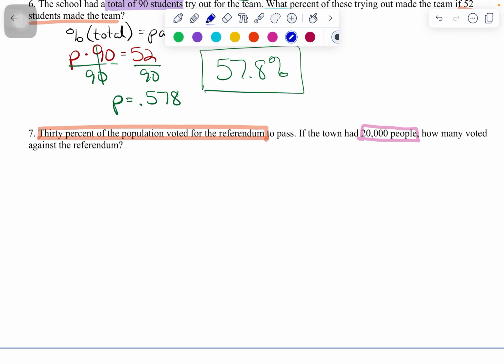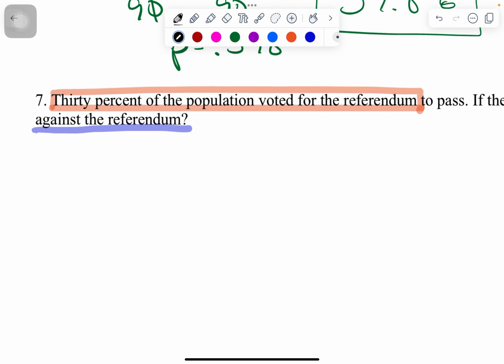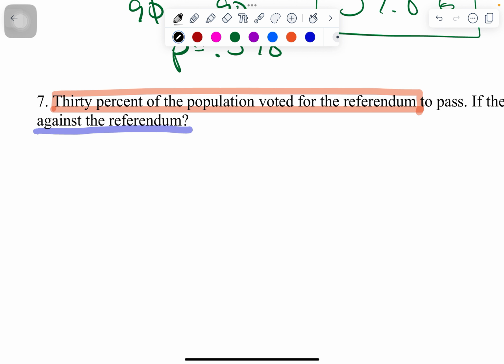And it's going to be a little bit weird because I'm actually asking how many voted against the referendum. So if everybody votes, if 30% voted for the referendum, that means 70% had to vote against the referendum. These two percentages add up to 100, because that would represent everybody in the town who voted.